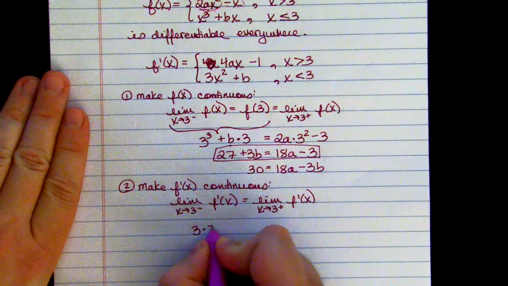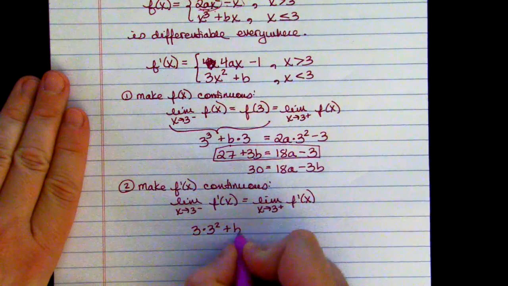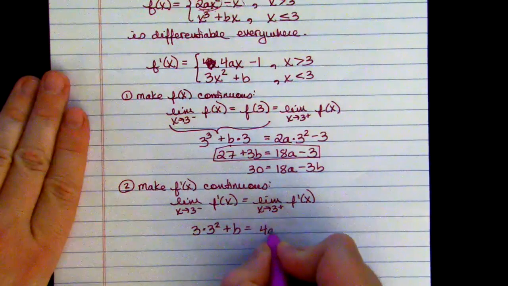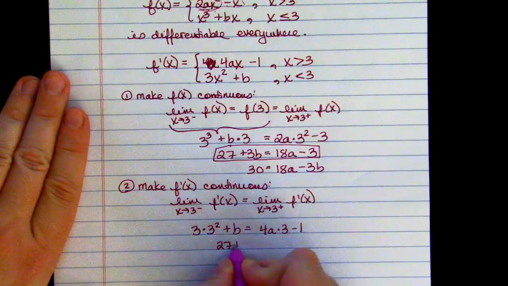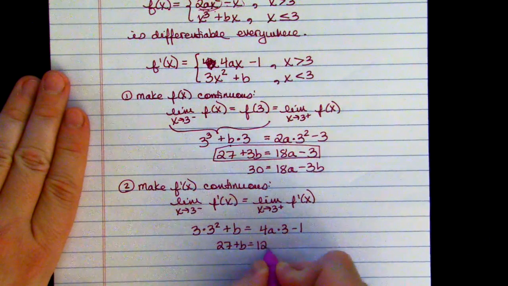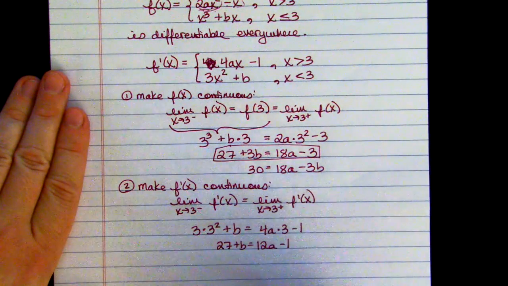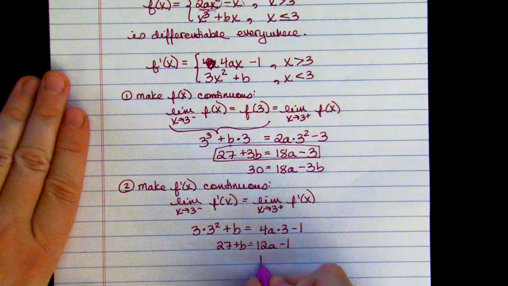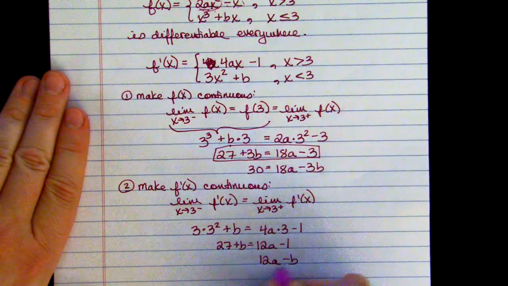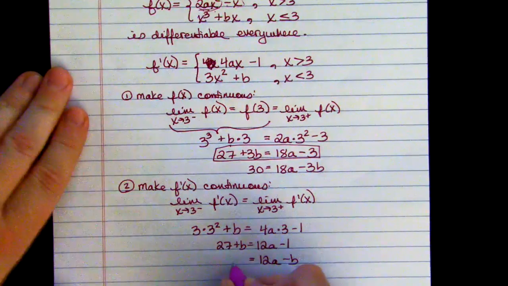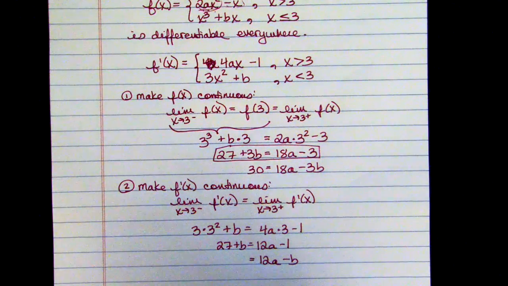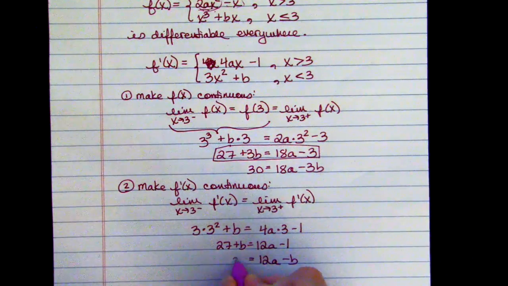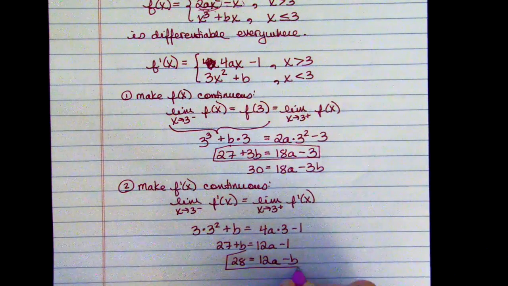Okay, this is 3 times 3 squared plus b equals 4a times 3 minus 1. I'm getting 27 plus b equals 12a minus 1. Again, I might as well move some things around, and I'm going to say 12a minus b equals... This isn't right. Hold on. No, I guess it is right again. Equals 28.